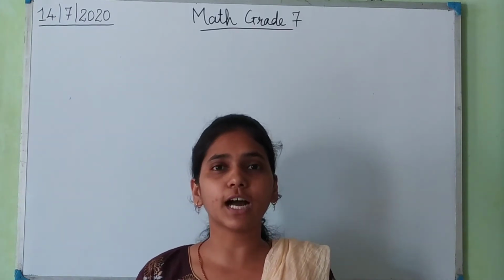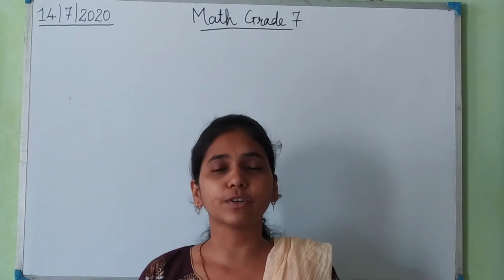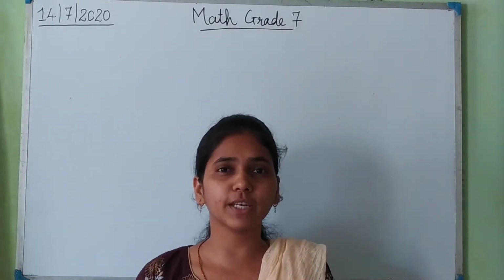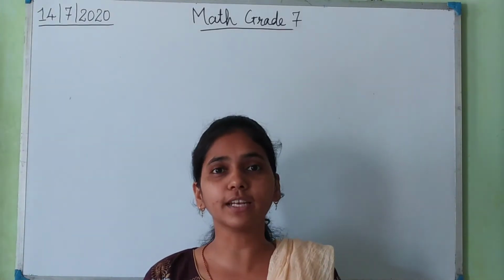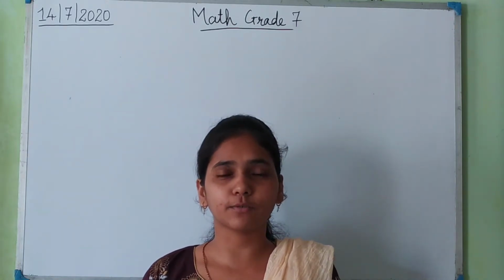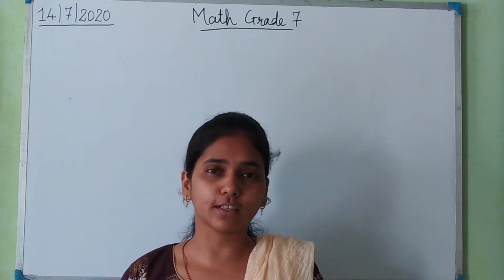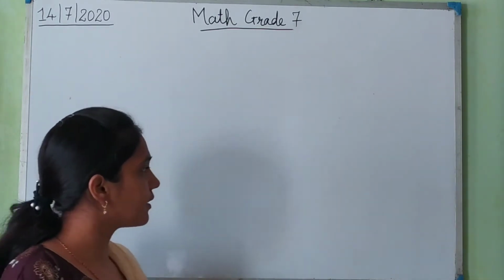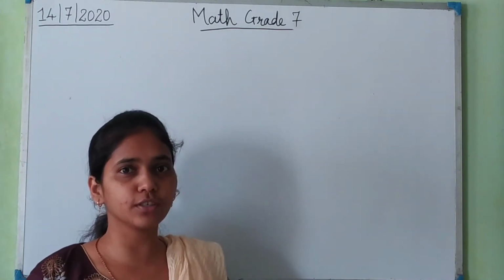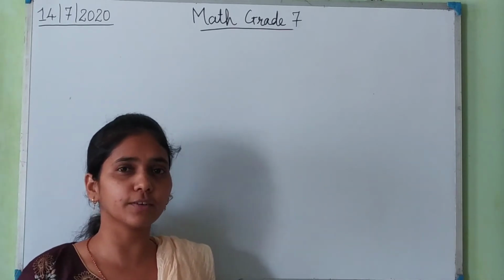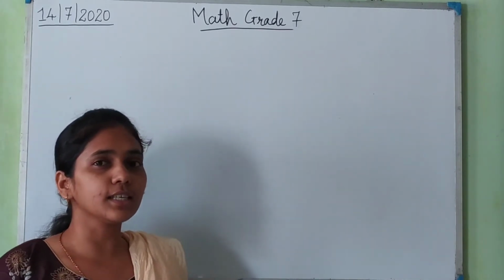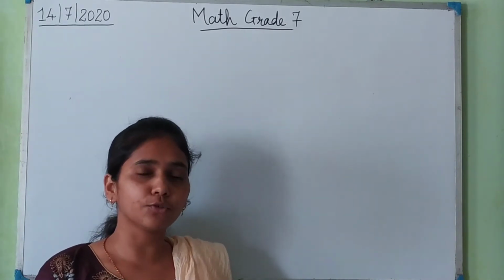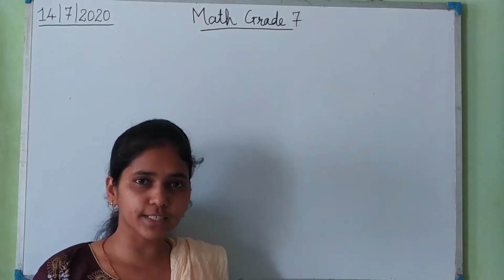Then we will see how to divide when only one number, either the numerator or the denominator, has a negative sign, and what the sign of the final answer will be. The multiplication table was simple, and for division we are going to use the same table. The rule is the same for multiplication as well as division.